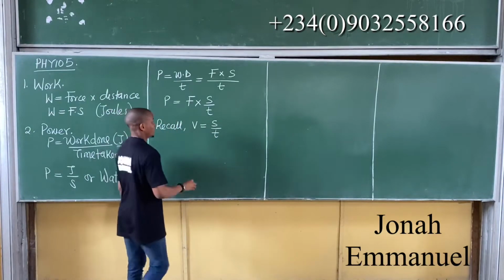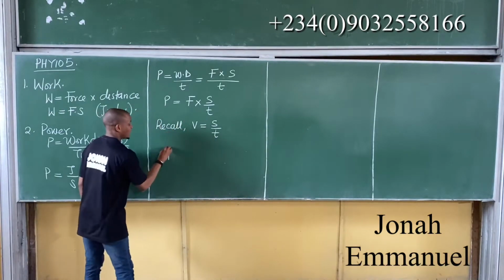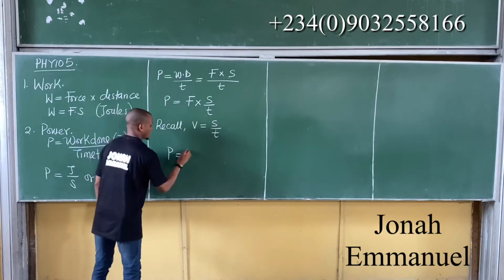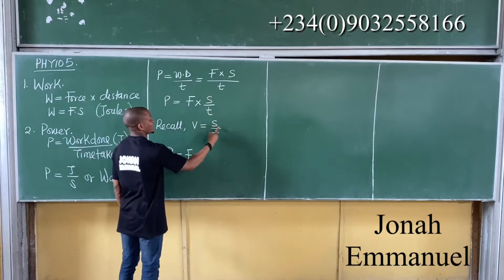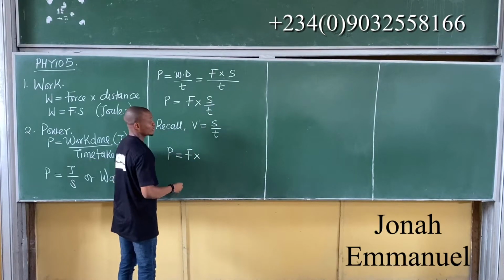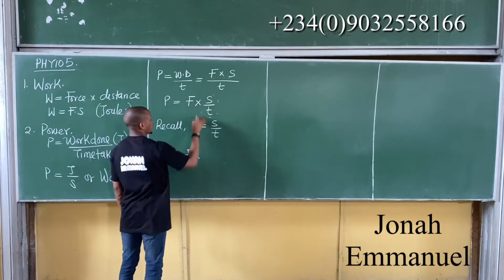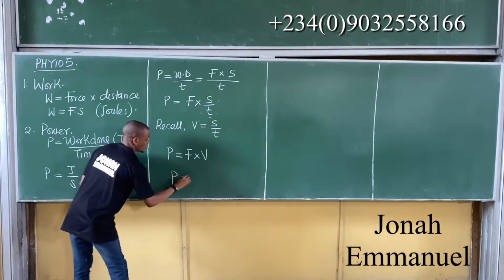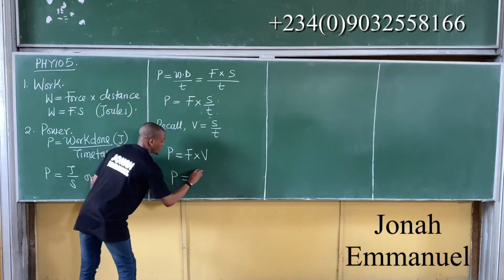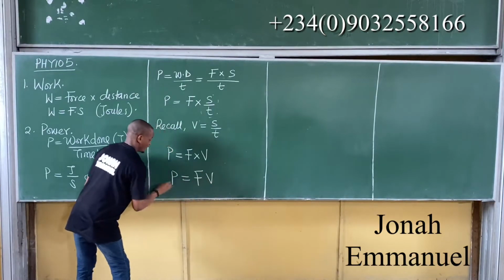So what does it mean? Power is equal to force times displacement over time, and displacement over time is the same as velocity. I'll replace that with V, velocity. That means power is equal to the product of force and velocity.